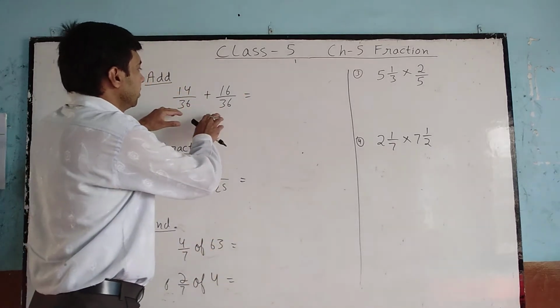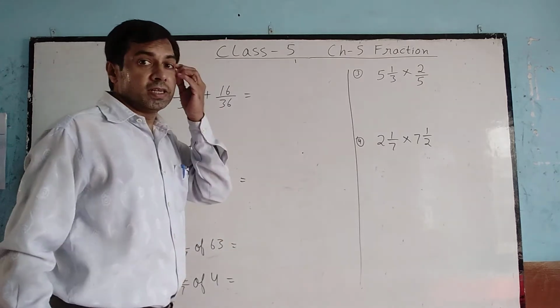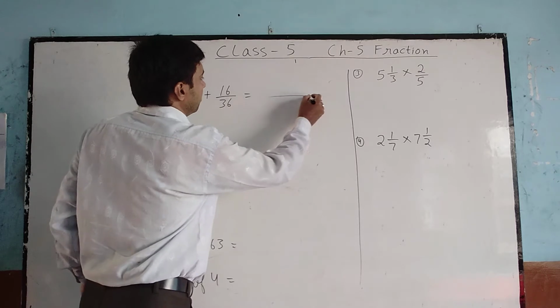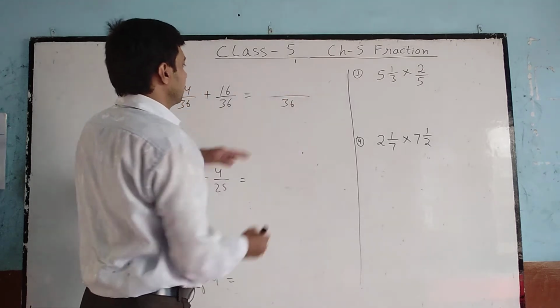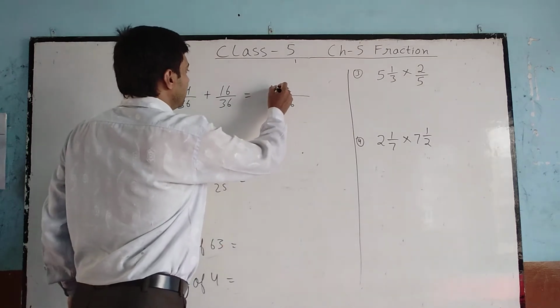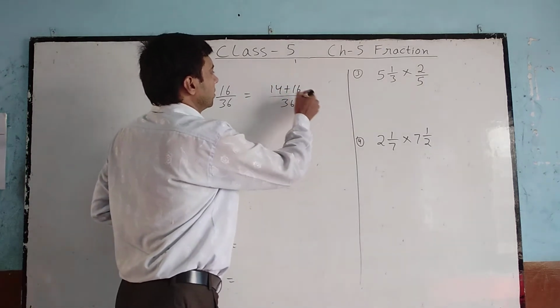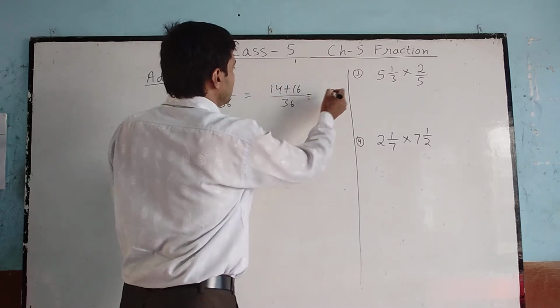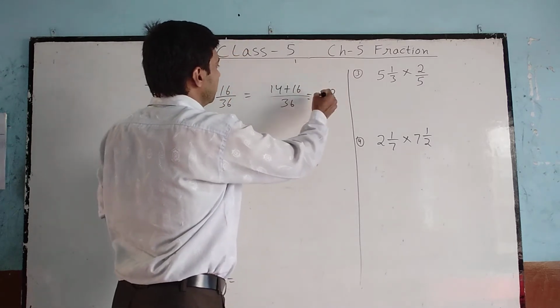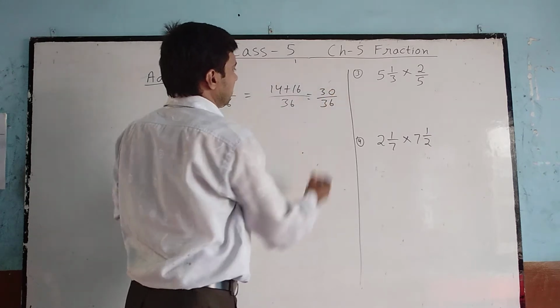Here these fractions are like fractions because the denominators are same. Very simple. Write the common denominator, and then add 14 plus 16. 6 plus 4, 10, write 0 here, 1 carry, 1 plus 1, 2, 2 plus 1, 3. 30 by 36.